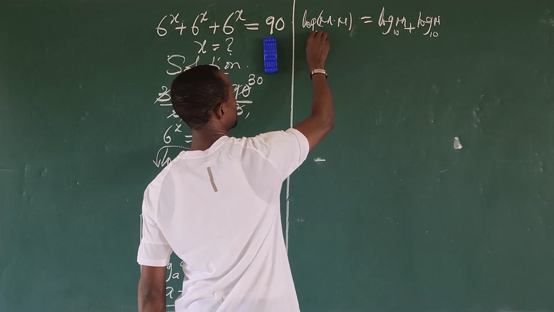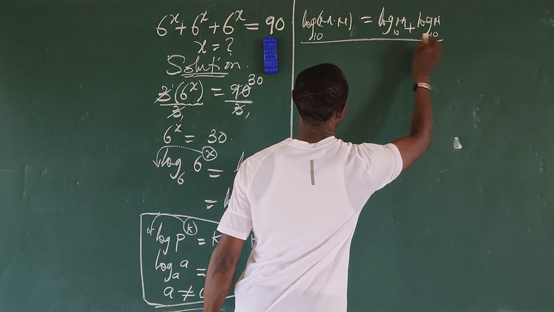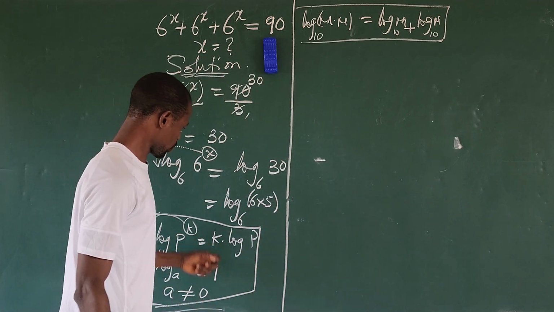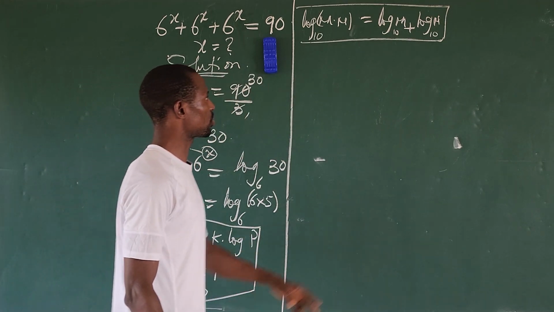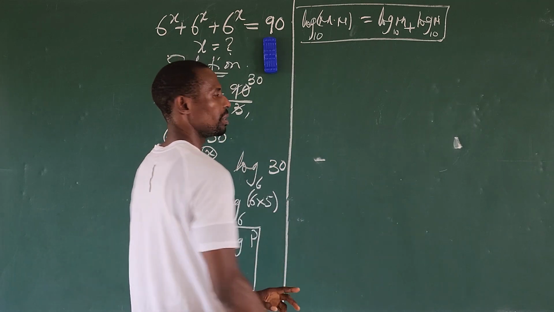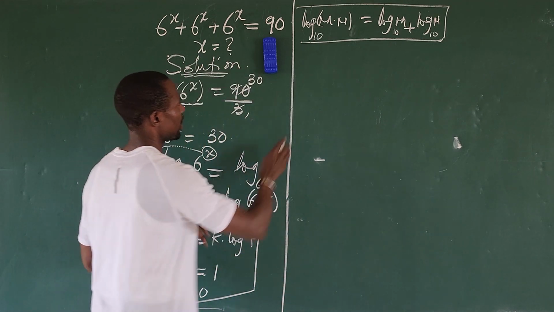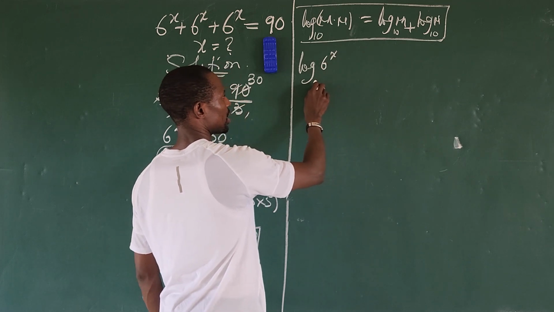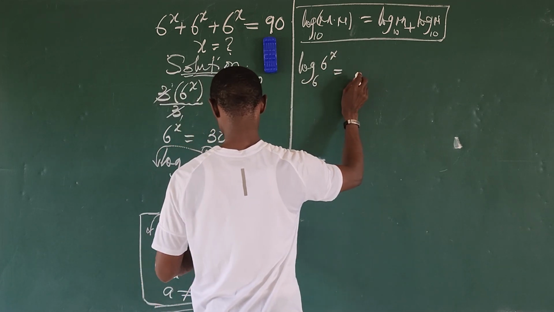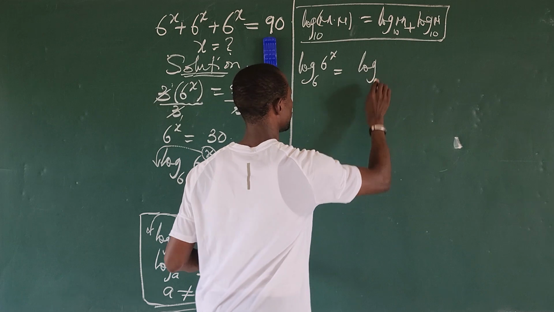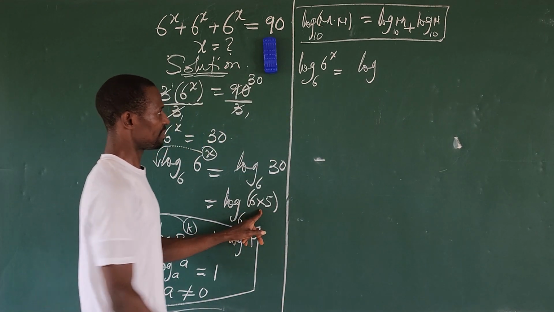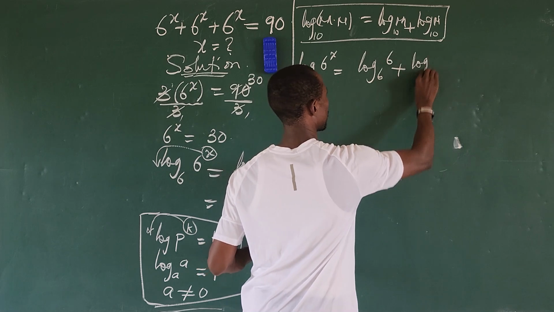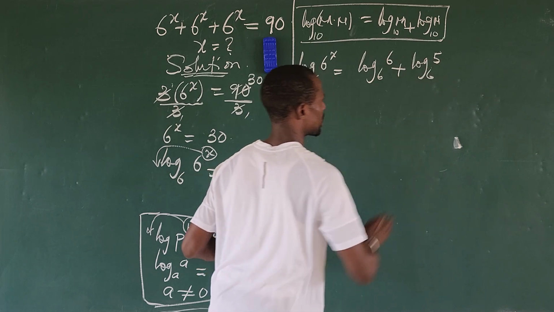Again, if we consider this rule, then we can apply rule number 1, rule number 2, rule number 3. Look at our equation. From this side, we have log of 6 to the power of x, base 6, equal to, we have our log. So we want to split this first. We're going to have log 6 base 6 plus log 5 base 6.